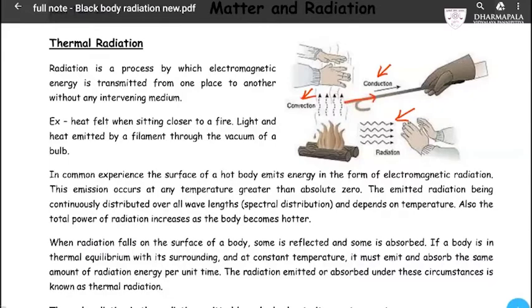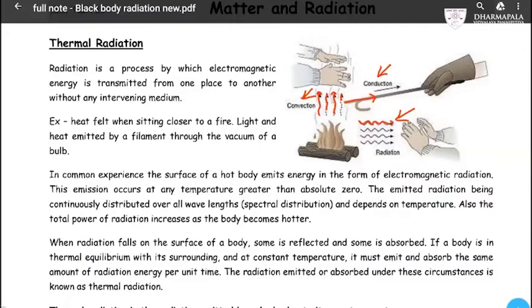And if you keep your hand above the fire, you will feel the heat because the convection current will always go upward. But if you keep your hands by the side of the fire, you will also feel the heat because that is due to the thermal radiation emitted by this fire.